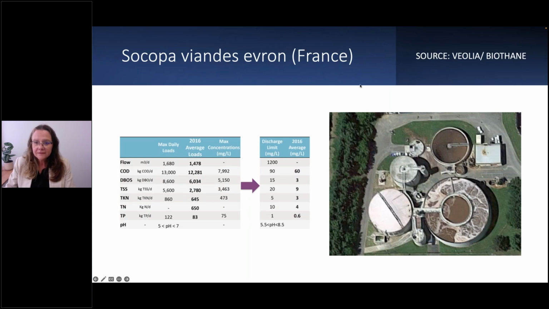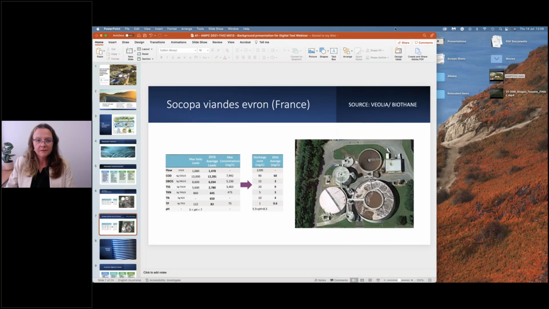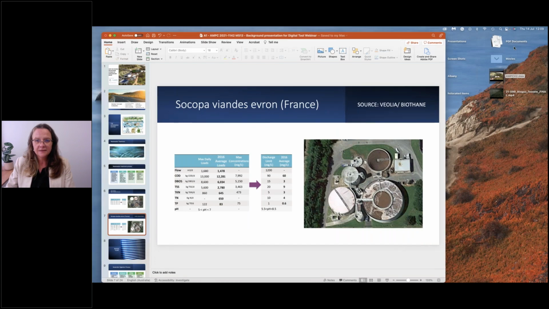Sorry to interrupt. On the screen that I'm seeing, your presentation is expanded. It's enlarged, and I can't see the full page. Maybe can you reduce the size of the presentation? Let me see, like this.